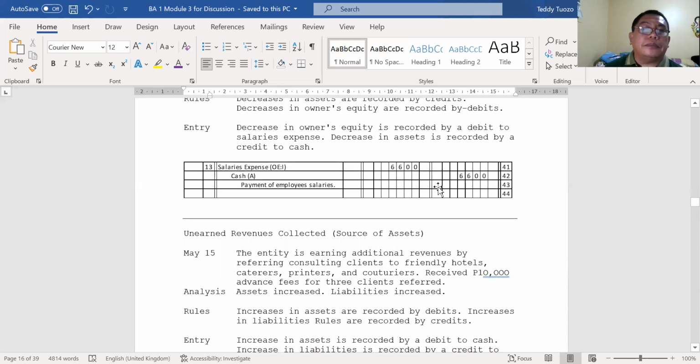So you have there salaries expense, and then cash. Take note also here, class, of the account classification of salaries expense, that it affects owner's equity, and the specific account is supposed to be an expense, not income. It should be expense.